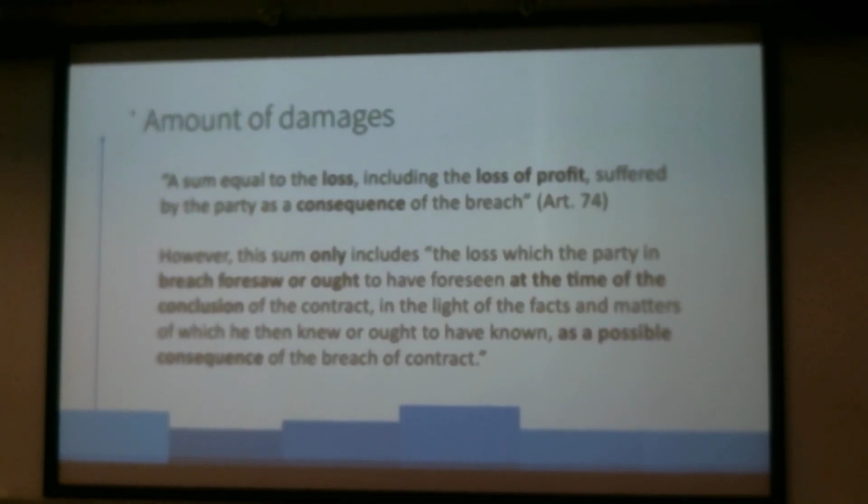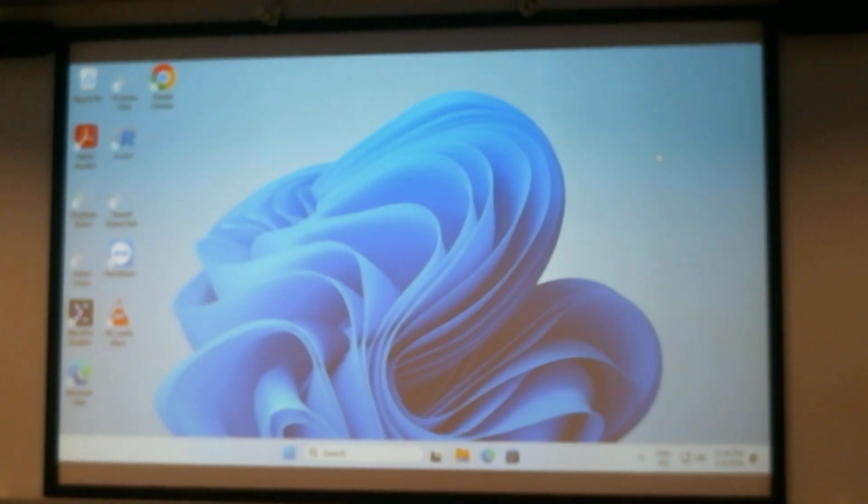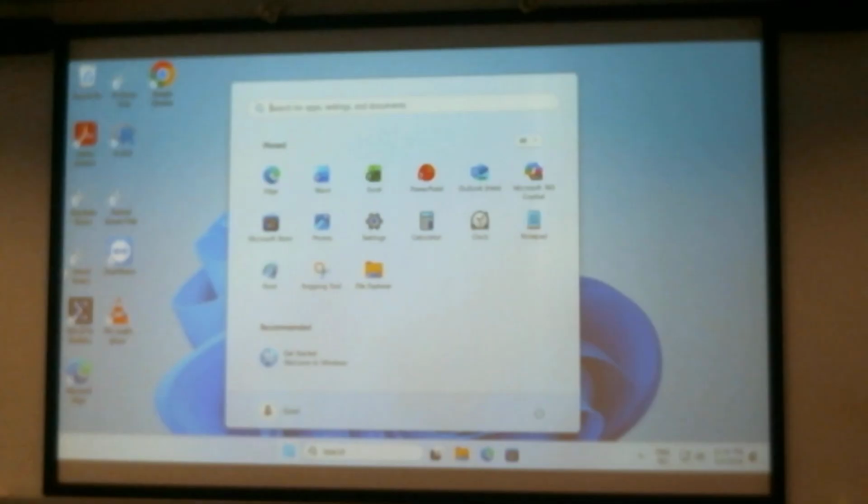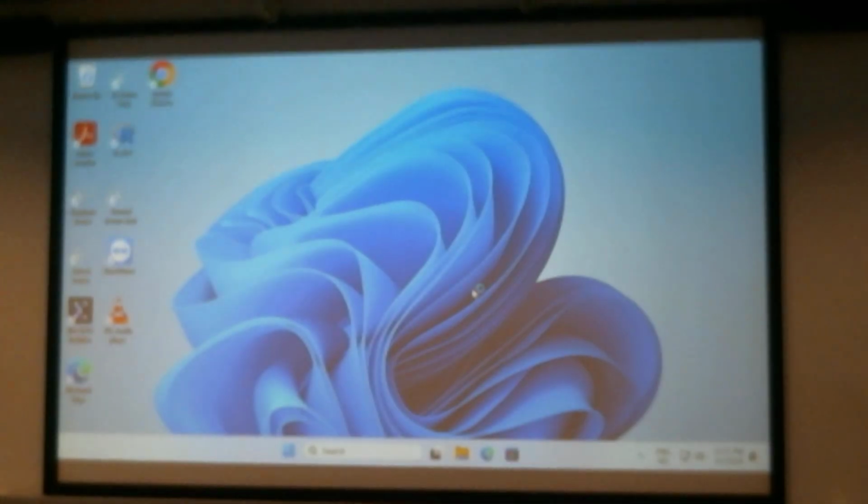I'm going to switch over here so that I can type. So let's just do a hypothetical like this. We've seen the first question which we have to ask is, of course, is there a breach?